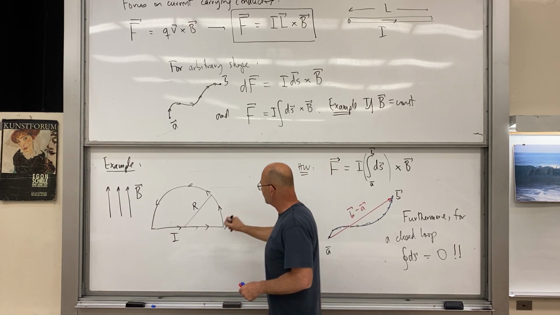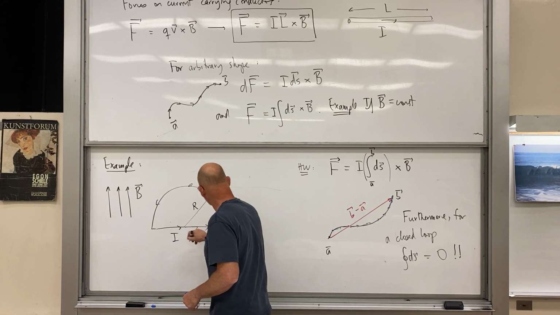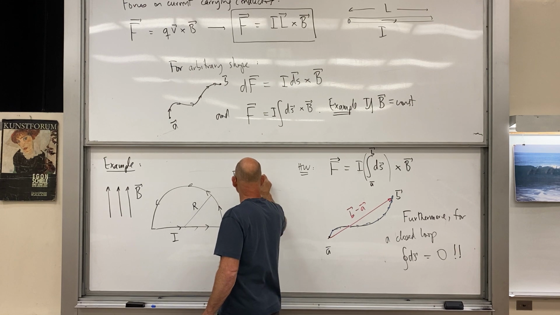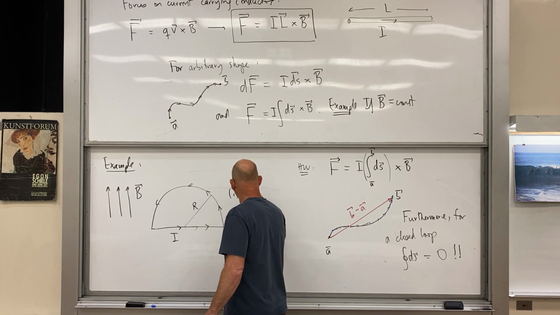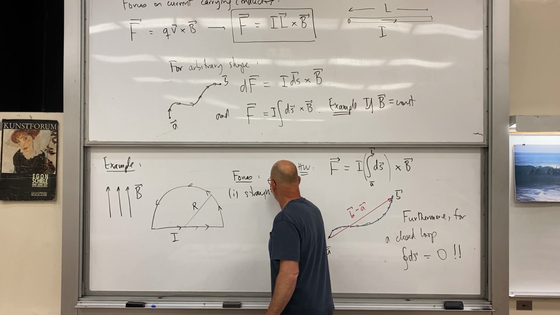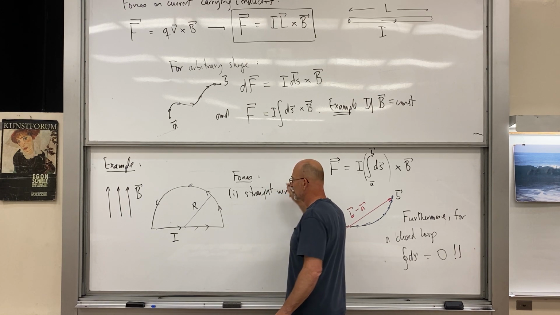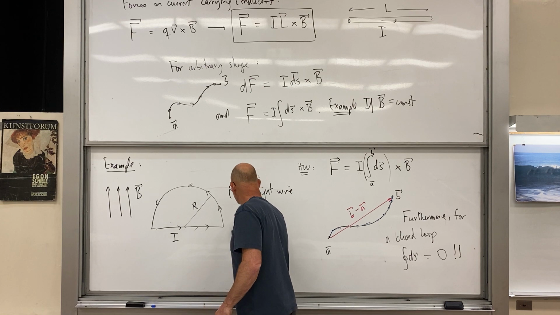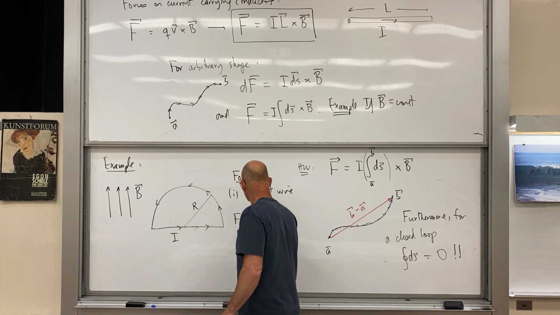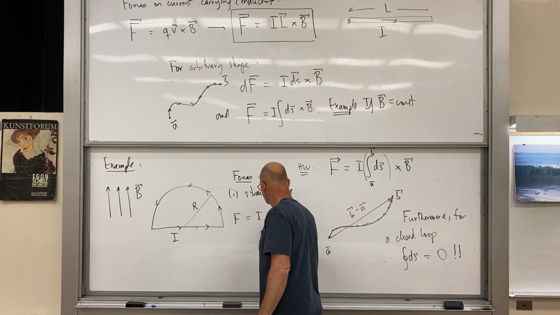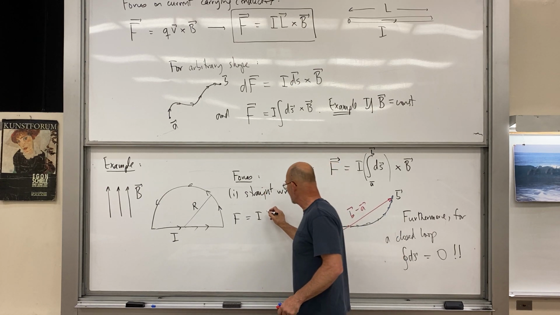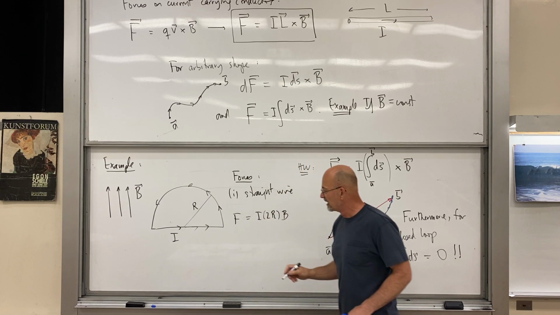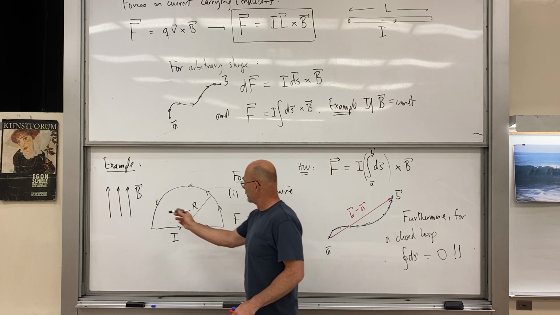So what about the force due to the straight wire? Well, that one's pretty easy. F is equal to I L B, so I times 2R times B. And what's the direction?